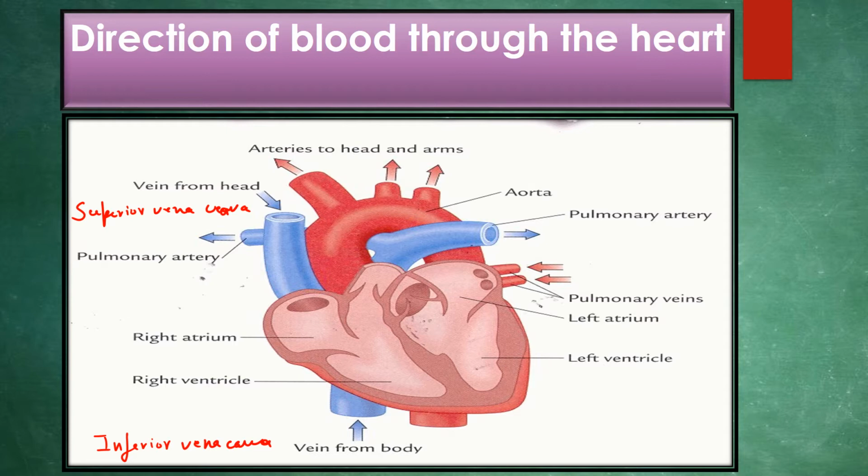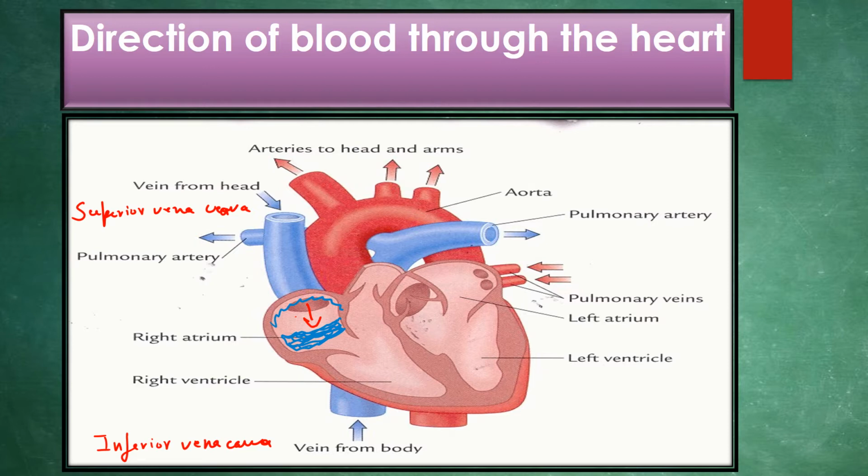These two main veins carry the deoxygenated blood and drain it into the right atrium. When the right atrium is filled with blood, right atrial contraction occurs. The right atrium contracts, and due to the contraction, intra-atrial pressure rises.